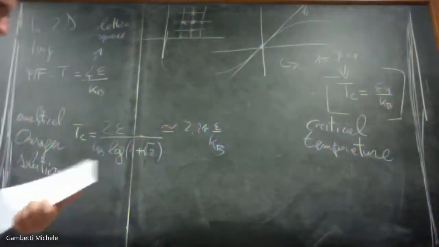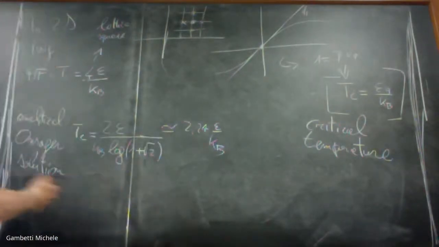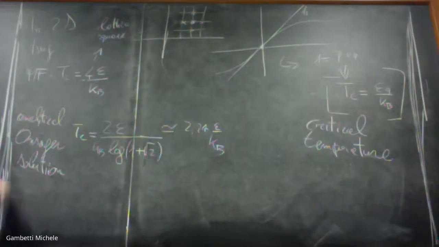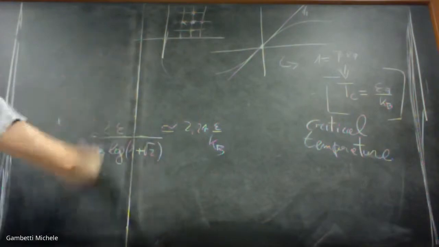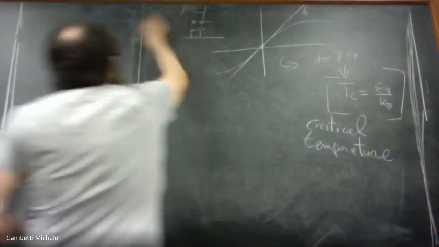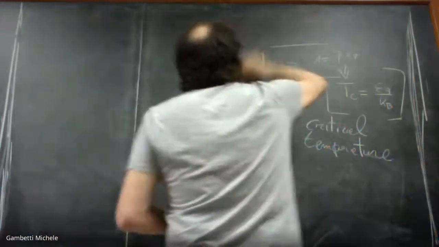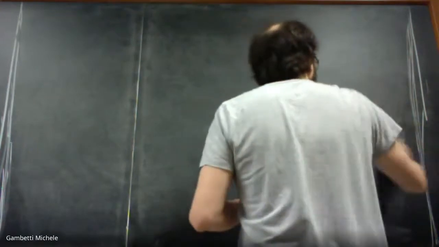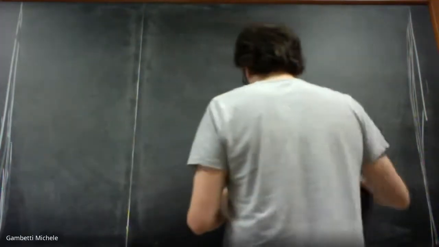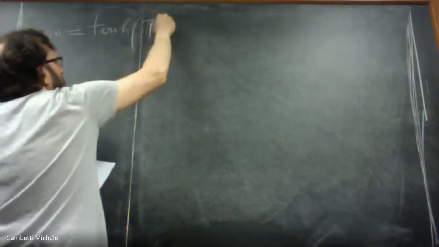Now let's try to characterize a little bit more what's going on at the critical point. So let me write again this formula for m, which was the hyperbolic tangent of beta epsilon q m, our starting point.